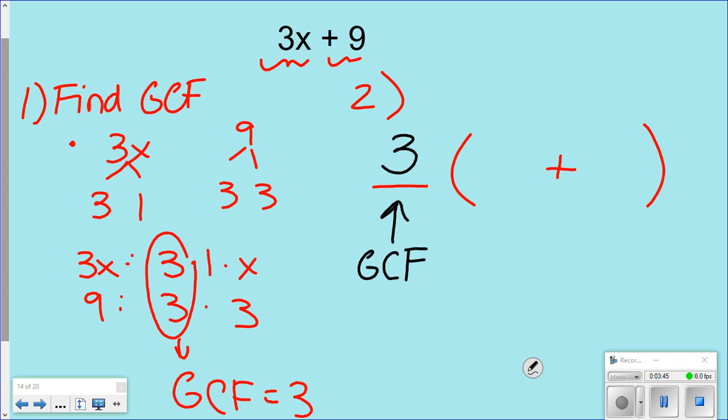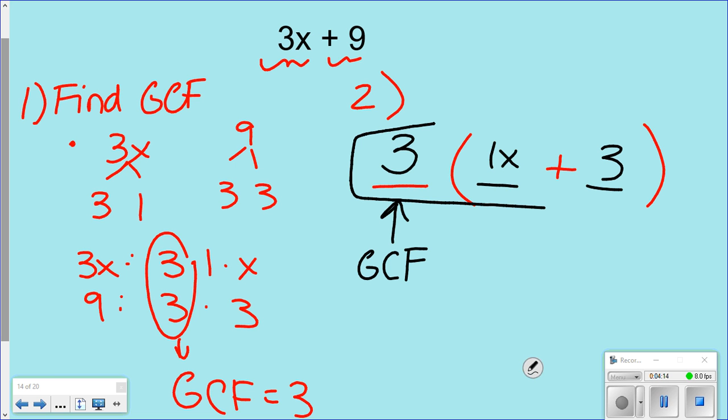So how do you think I can figure out what goes inside here? What do you think I need to do? Well, if you know that you have to take this times this to get this, what you really could do is take 3 divided by 3, which is 1, and then take 9 divided by 3, which is 3.